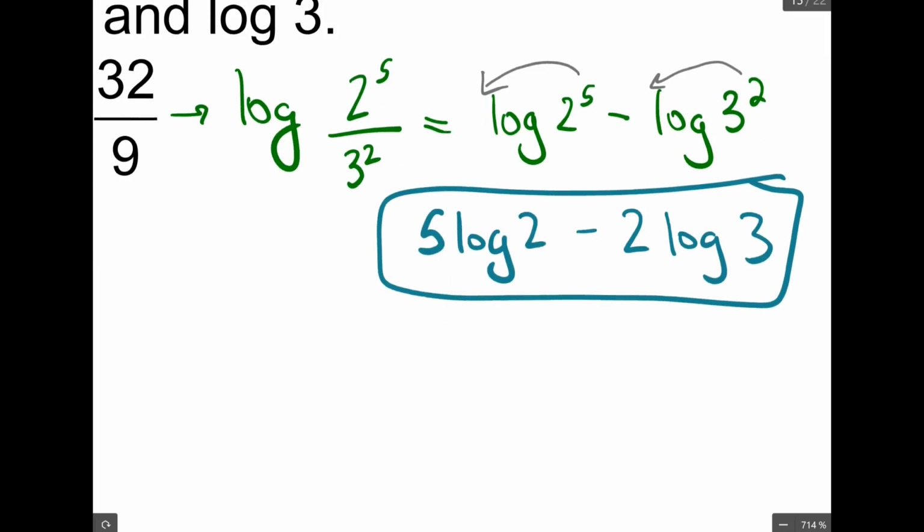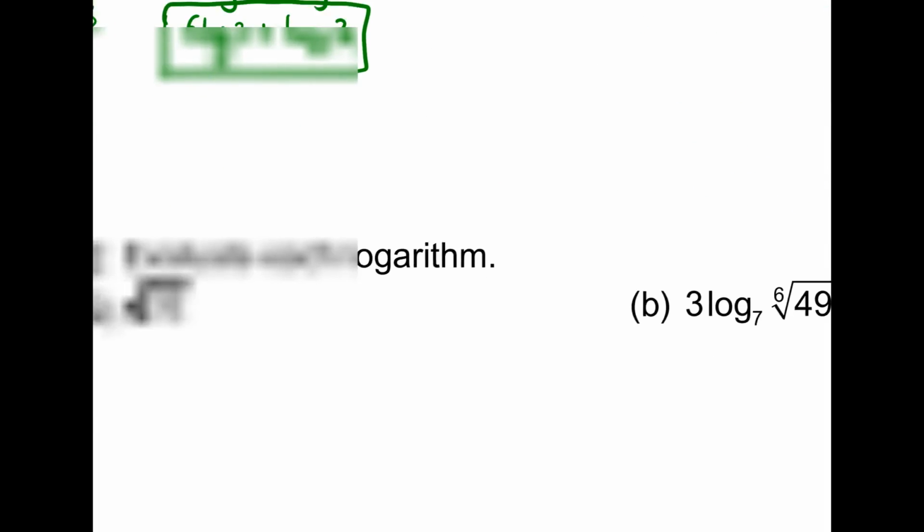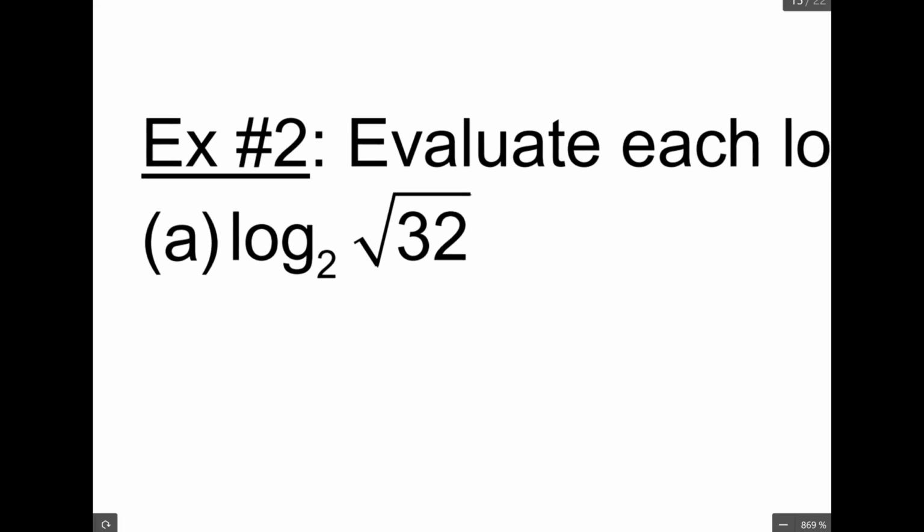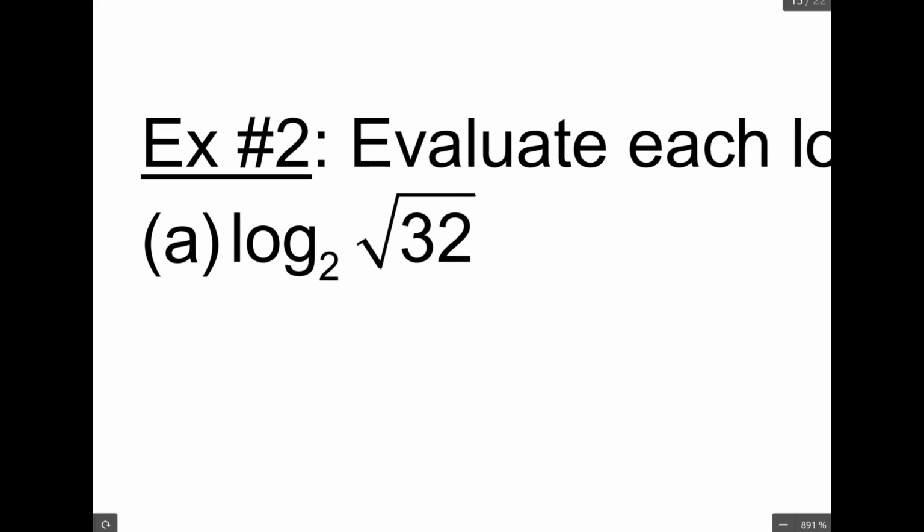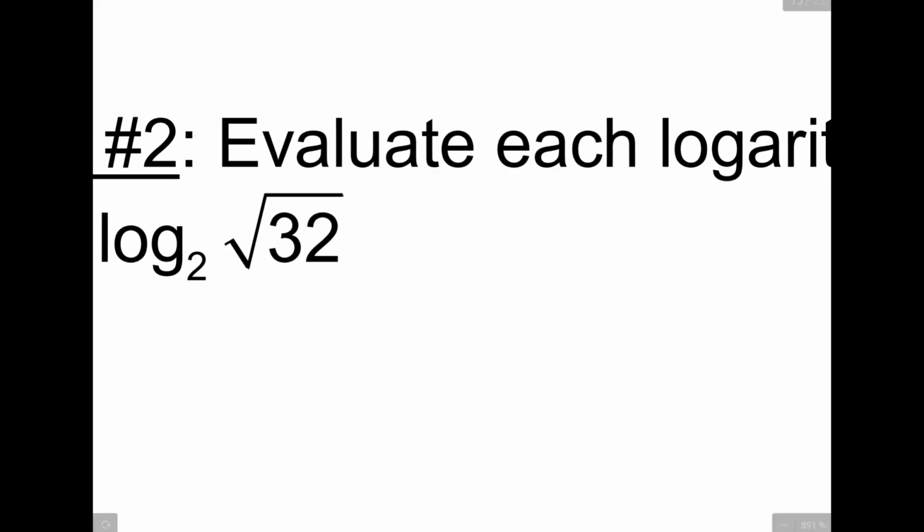Example 2 is we want to actually evaluate each logarithm. This looks nasty. This looks really rough. So let's see if we can figure out a better way to rewrite it. First off, the square root of 32.